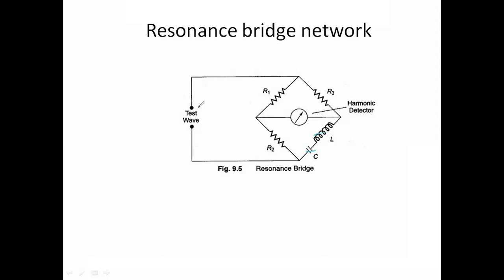Suppose the signal is first applied and the bridge is balanced by tuning L and C. After that the bridge is unbalanced due to the harmonic signals present in the test signal, and that variation will indicate the total harmonic distortion value.